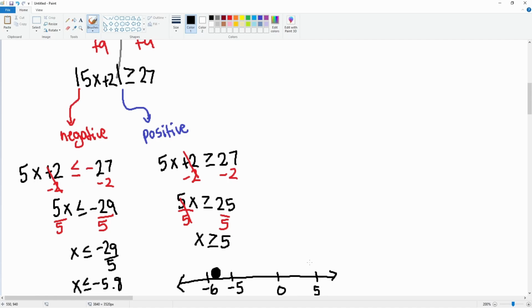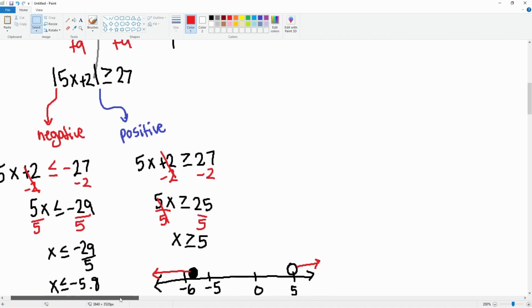Then this is where the 5 is. x is less than or equal to that, so that is to the left because that is less than, and x is greater than or equal to 5, so that's to the right. So that's how it would look. That is what you would have to do.